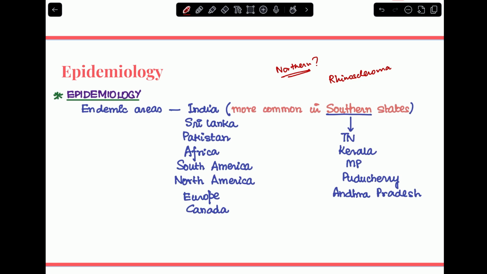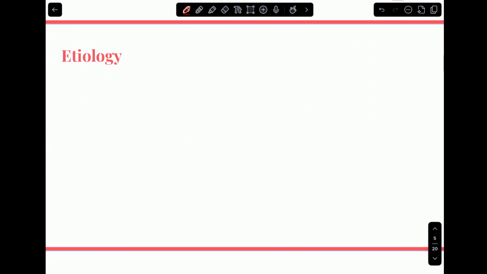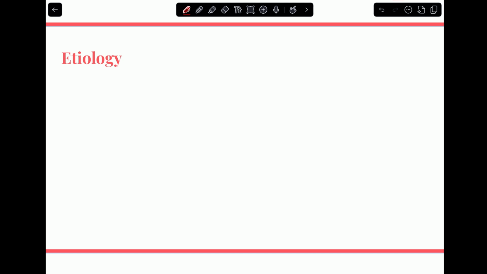Other than India, this disease has also been seen in Sri Lanka, Pakistan, Africa, South America, North America, Europe, and Canada. Next, let's discuss the etiology of the disease. I already told you the etiology of the disease is caused by an organism which is known as Rhinosporidium seeberi.